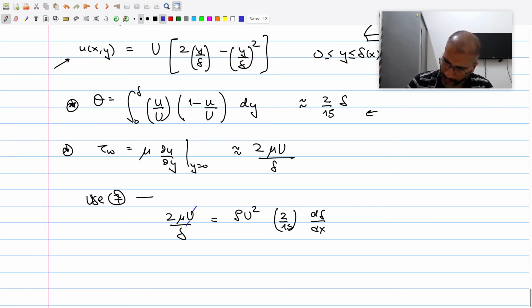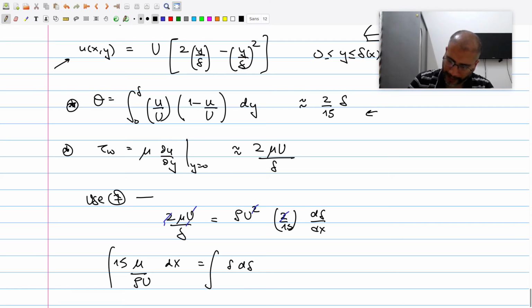One of the u's will get cancelled, then the 2 gets cancelled. So what we have is mu upon rho u times 15 dx. On the right hand side we have delta times d delta.